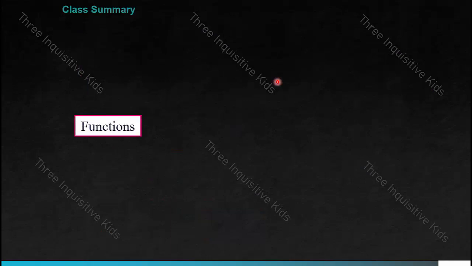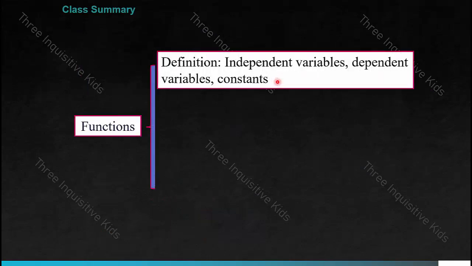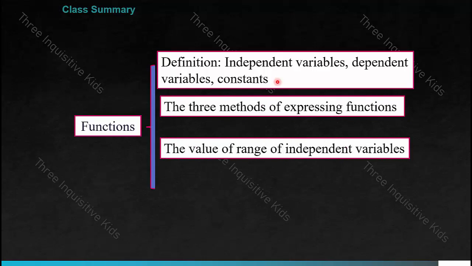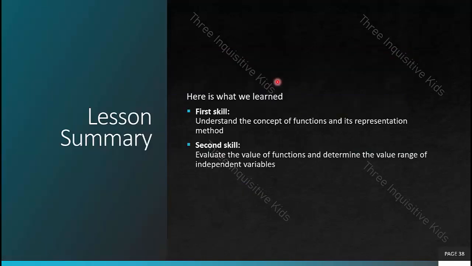Class summary. Today we learned all about functions, their definition, the 3 methods of expressing functions, the value range of independent variables, and function values. The two skills we learned today are to understand the concept of functions and their representation methods, as well as to evaluate the value of functions and determine the value range of independent variables.